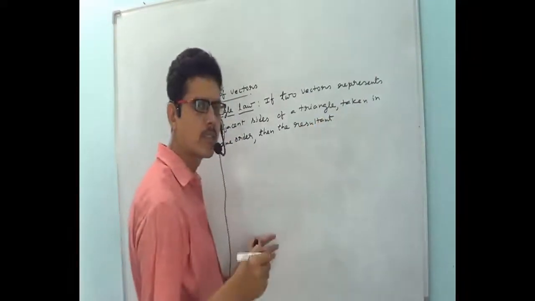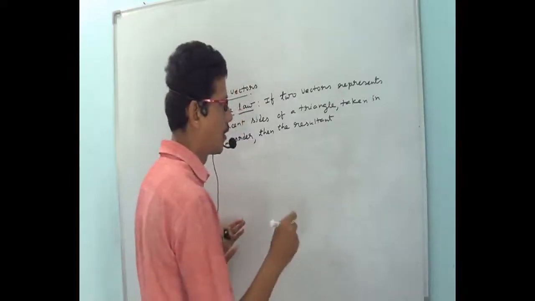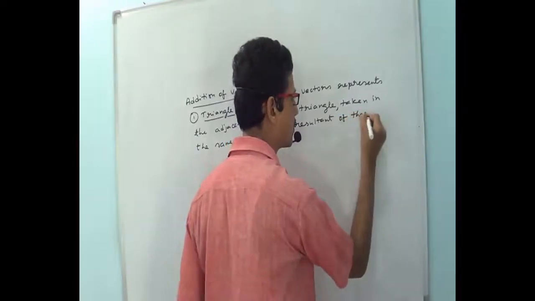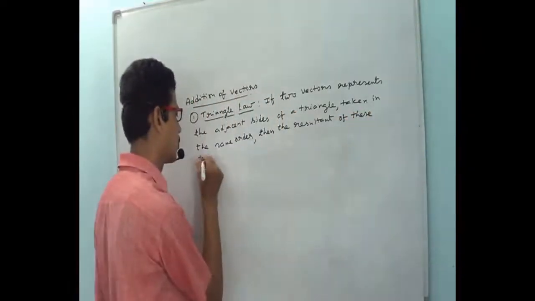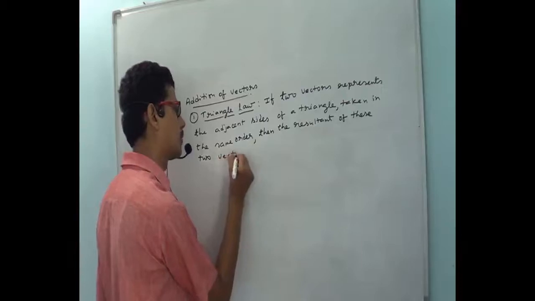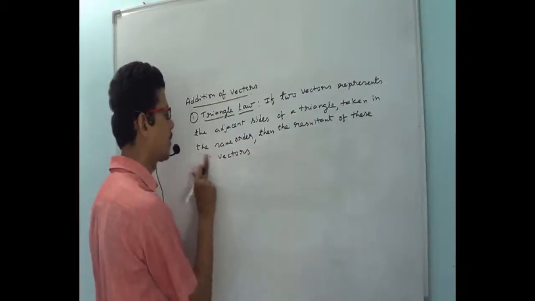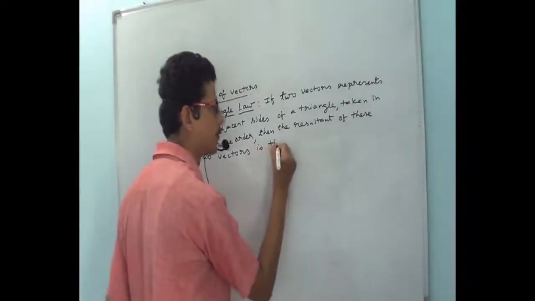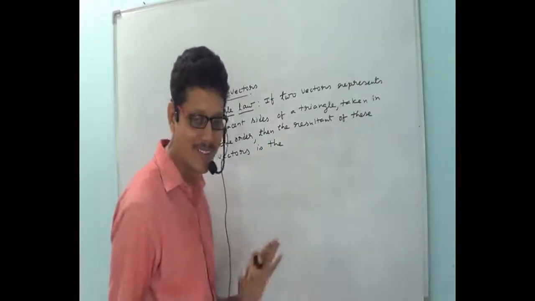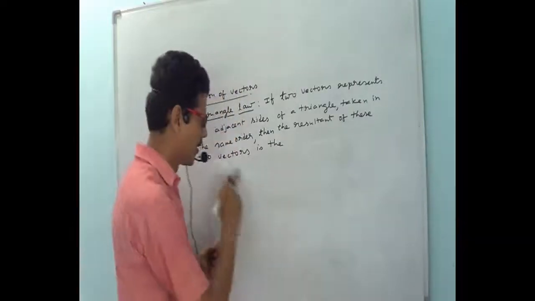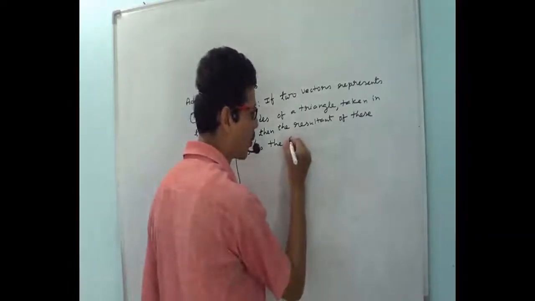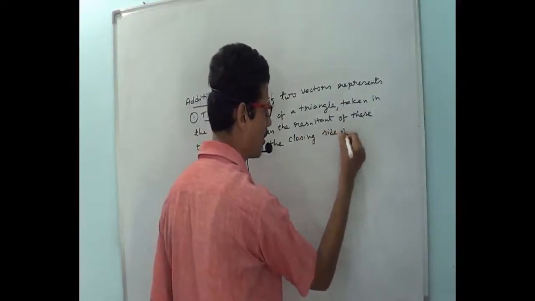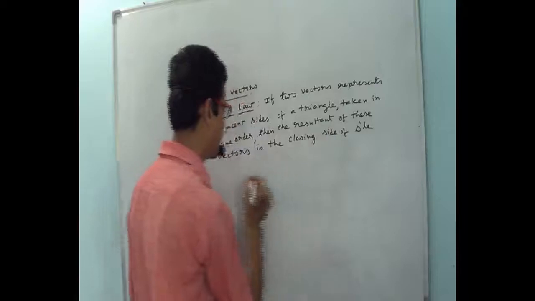So if you add two vectors, you will get a new vector. The resultant of these two vectors is the closing side of the triangle taken in reverse order. The statement is only bigger, but easily you can understand.